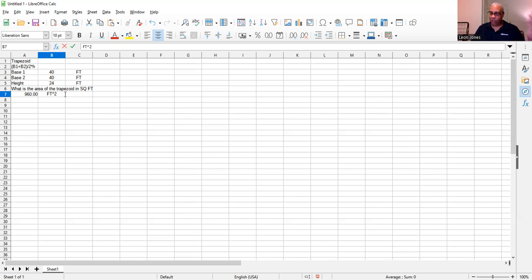Well, as we had the factors up there, we know 144 square inches equal 1 square foot. So we're going to take 960 square feet and cancel out the feet by multiplying by 144.